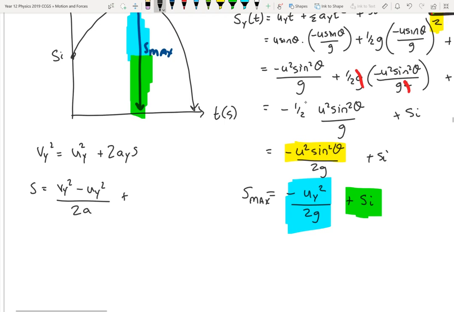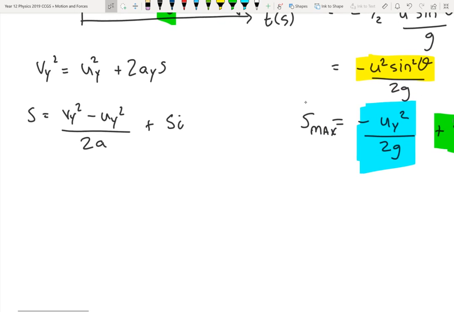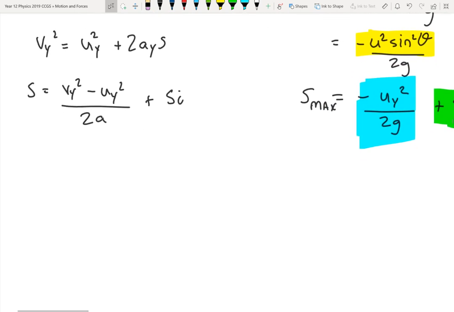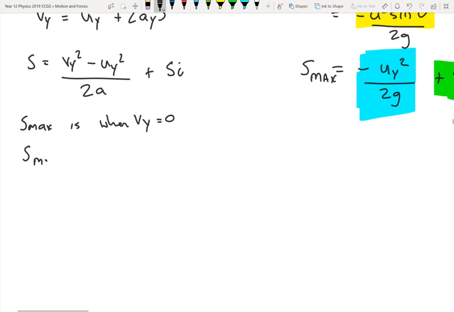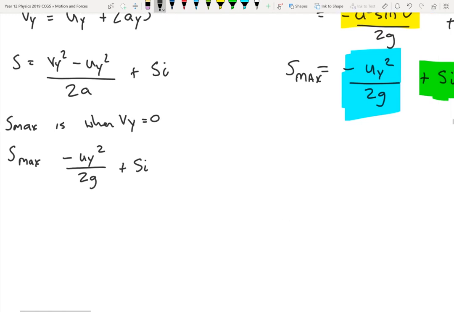But then I'm going to go plus S initial, because I always like to consider where we're starting from. Now, S max is when Vy equals 0. So our S max equation, look what happens. Negative uy squared over 2g plus S initial.